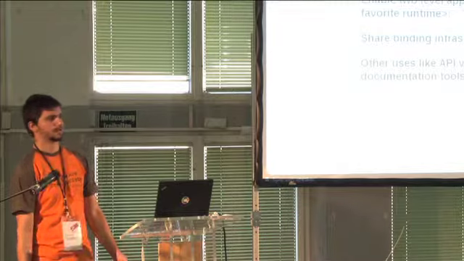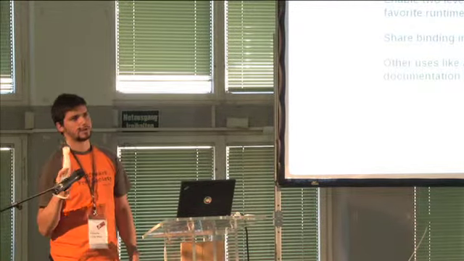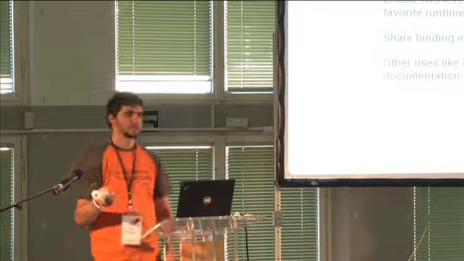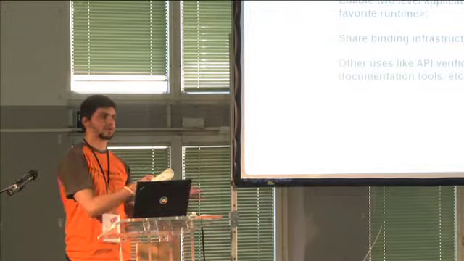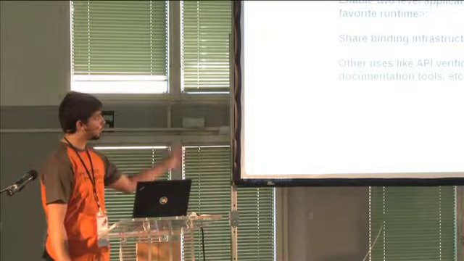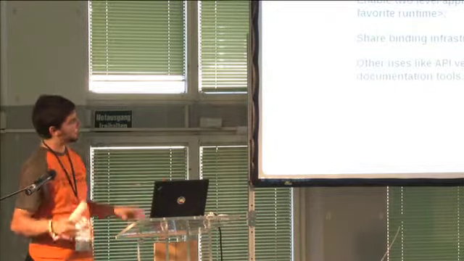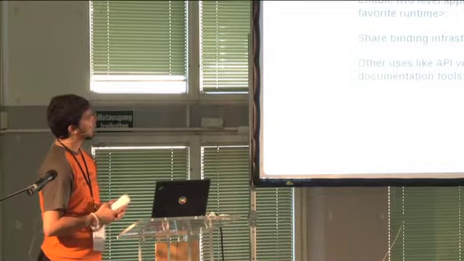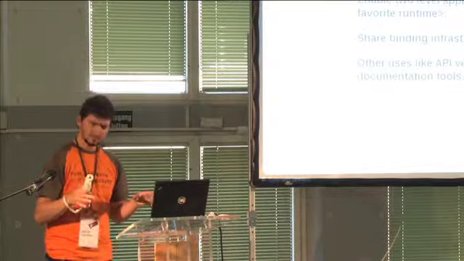And it's a lot of work, and it's duplicated work, because the bindings that you use for accessing the C library in Python are almost the same code that you need for JavaScript or for other languages. And what we're trying to achieve with GObject introspection is to concentrate all that effort in just one library and make the binding work very simple.